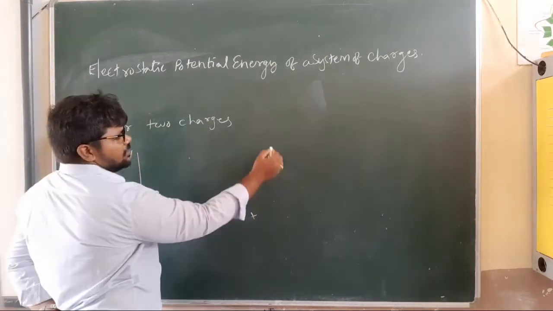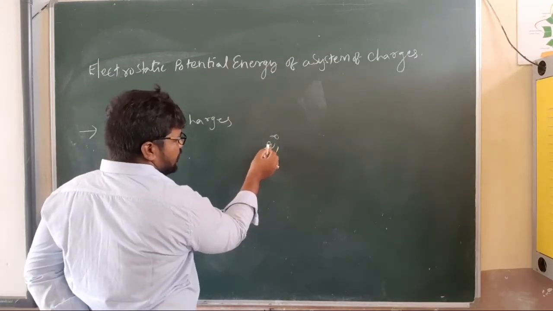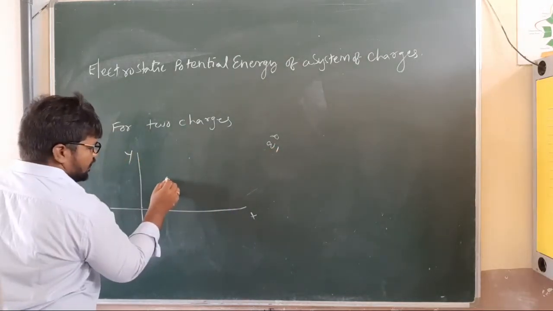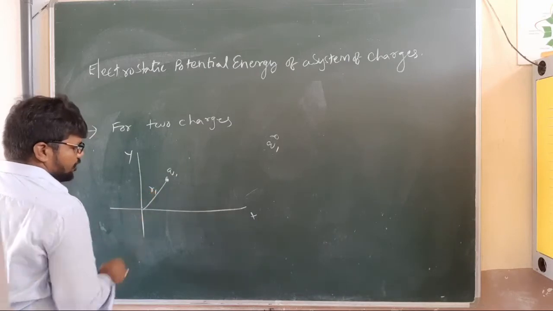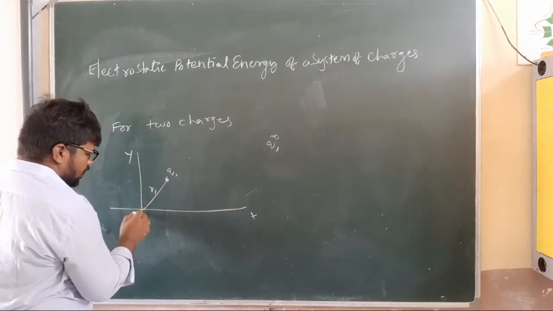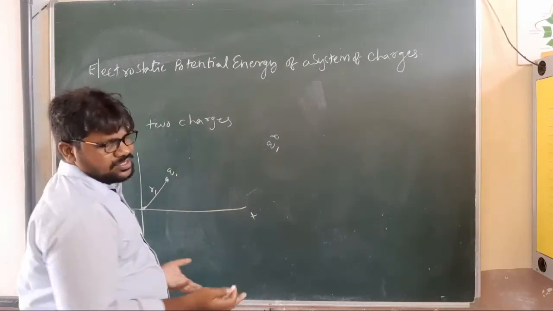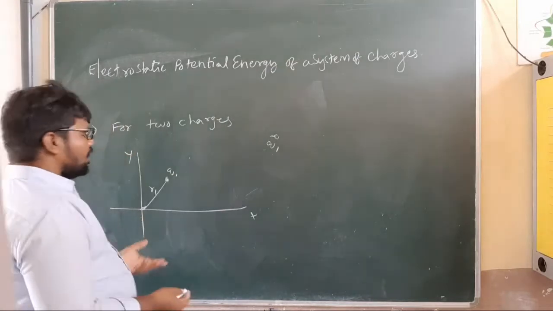Consider a test charge q1 brought from infinity. First we take one charge from infinity to a distance r, that is q1. Here the potential and the work done are 0, because before that there is no electric field.